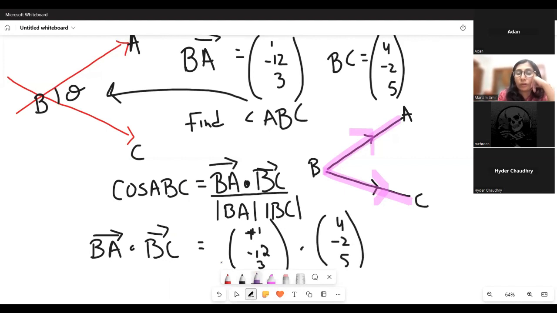For the dot product, all you do is multiply this, multiply this, multiply this, and then add the result. So we have 4 plus 24 plus 15.